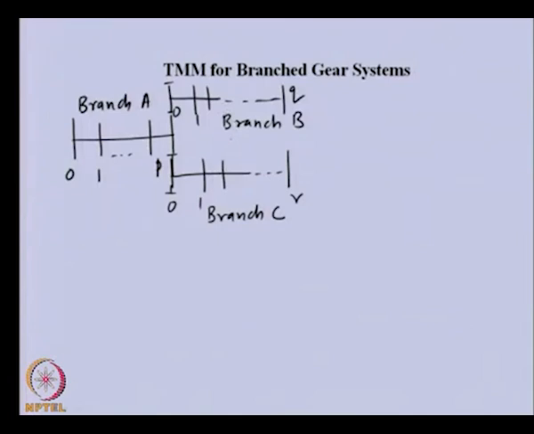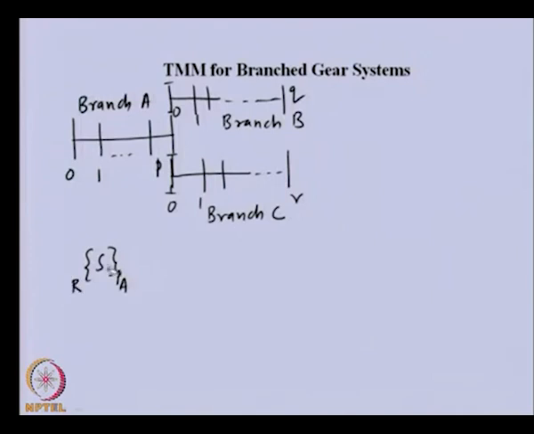Because this is a multi-rotor system, we will be using the transfer matrix method, and for this we already obtained the state vector for, let us say, the pth station of branch A, right side of the disk.